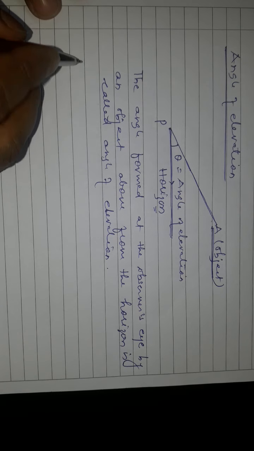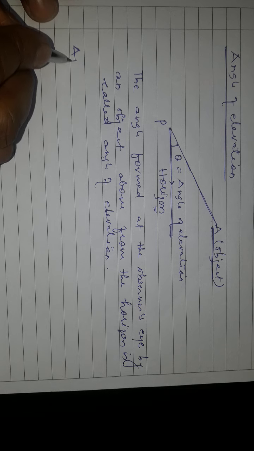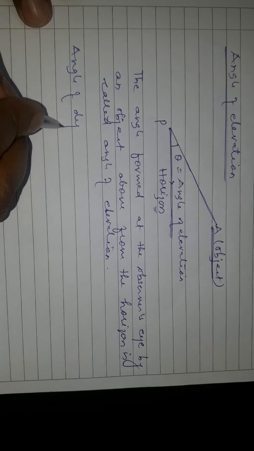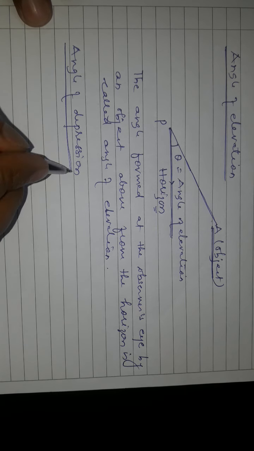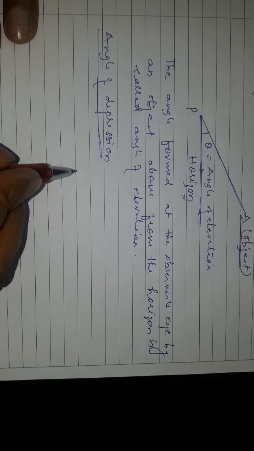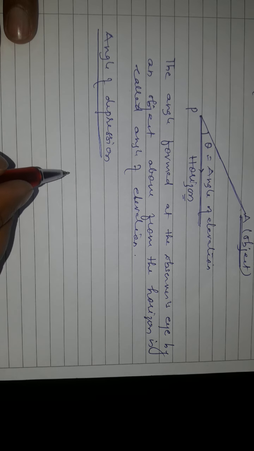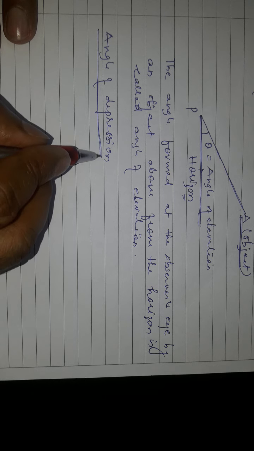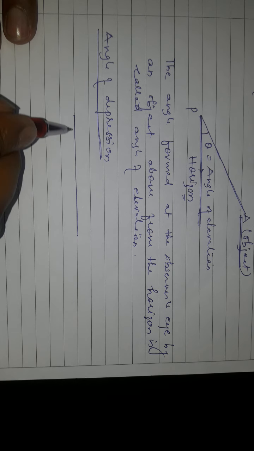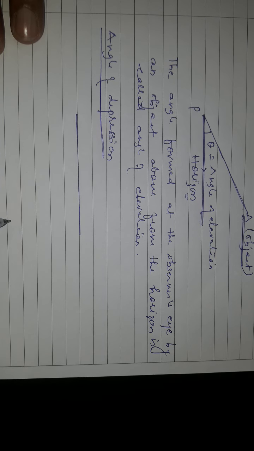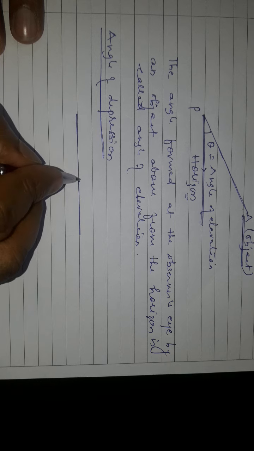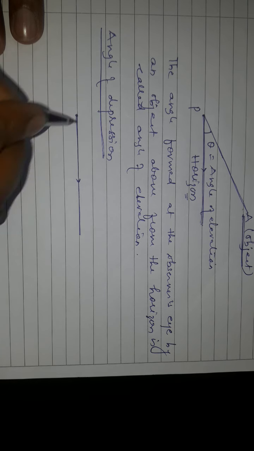Next is angle of depression. Angle of depression. Think here, sometimes the object may be below the horizon. Suppose you are at the top of a building and a car is running on or standing by a road and you want to see it from the top of the building.